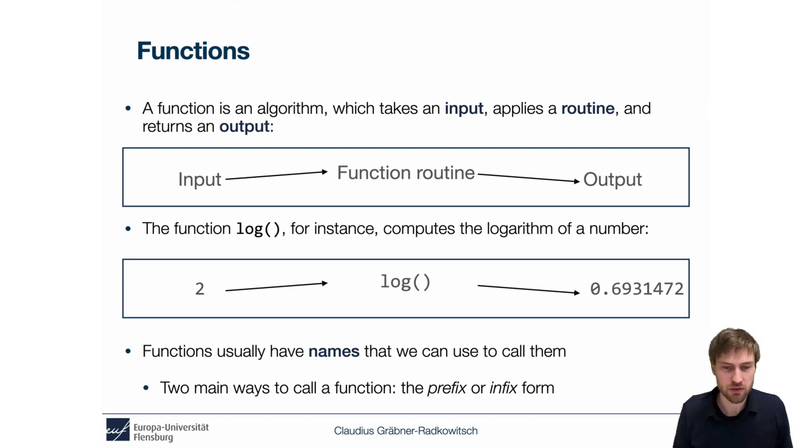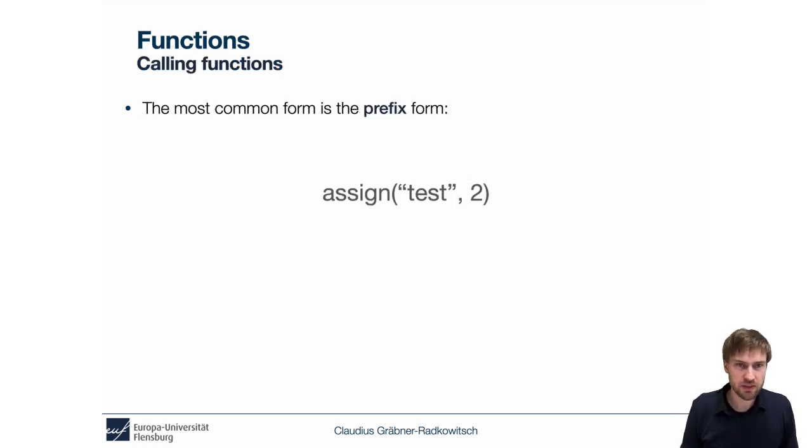Because in the vast majority of cases, you do not really need to care about the prefix or infix form way of calling functions, because you will use the prefix form anyway. But I think it's important to take this digression to understand and make sense of how we have used functions so far.